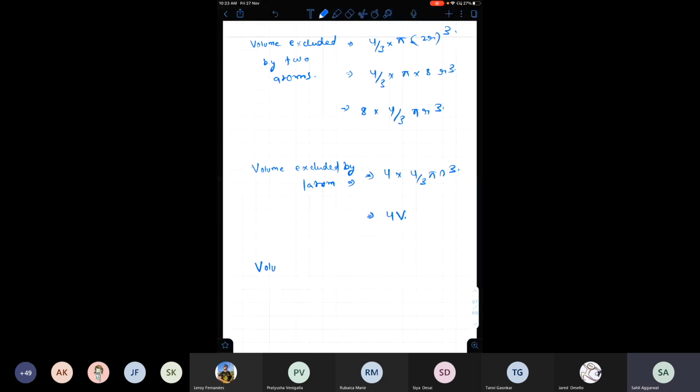Volume excluded by 1 mole of atoms will be 4 into Na into v. It is represented by b.